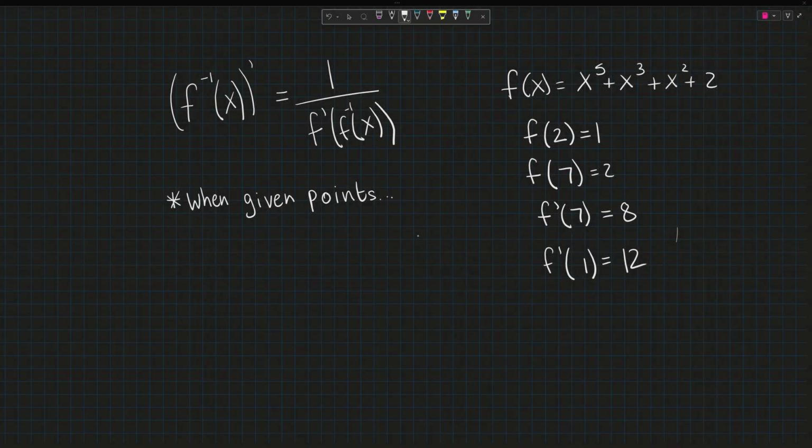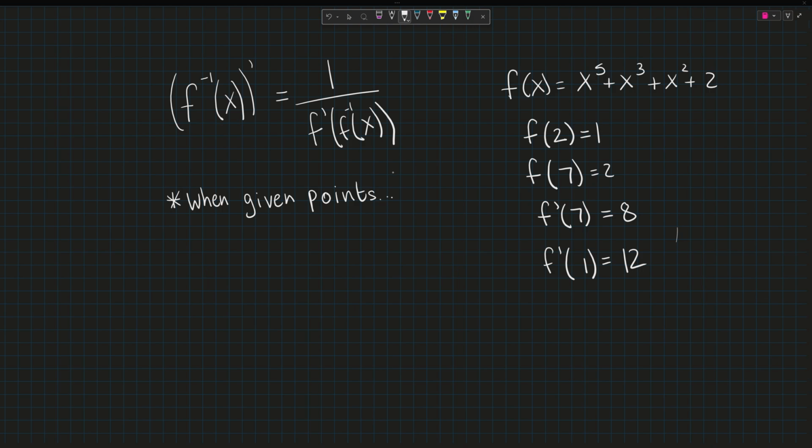Because it is very difficult to take the derivative of the inverse with this kind of function, we're given this formula, 1 over f prime of f inverse of x, where we can take the derivative of the inverse at specific points.